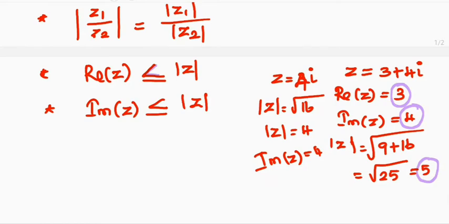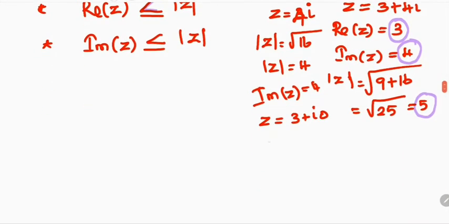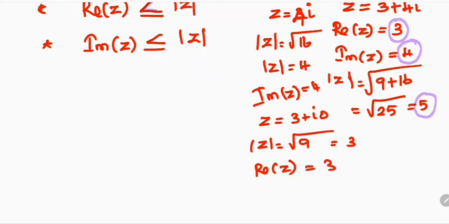In the same way, we'll go for z is equal to 3. This 3 can be written as 3 plus i0. So go for the modulus of z. The modulus of z is equal to the square root of the real part the whole square, that is 9, so that is equal to 3. And what is the real part of z? That is also 3. So sometimes the real part of z is equal to the modulus of z, when z is only a real part.